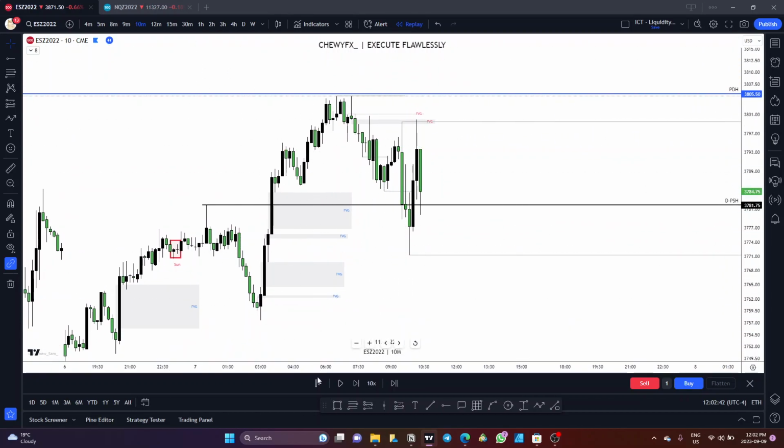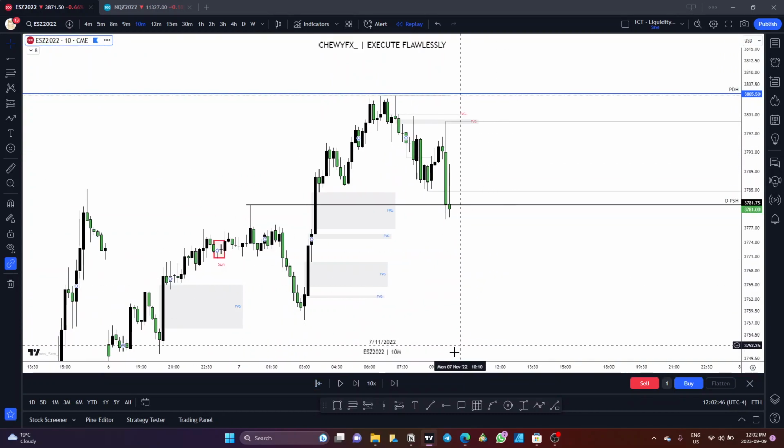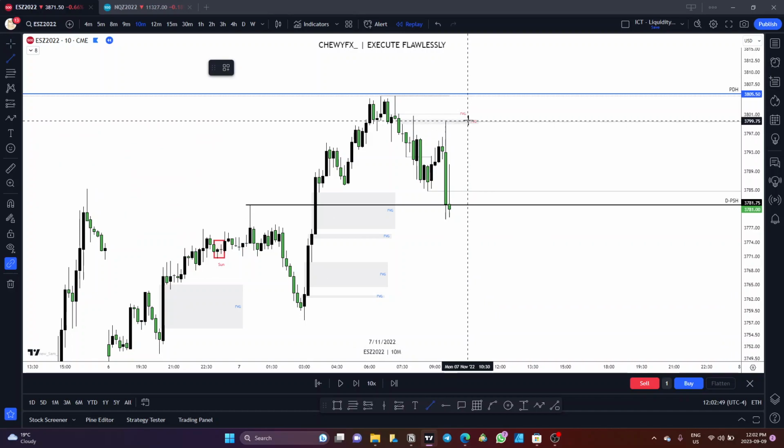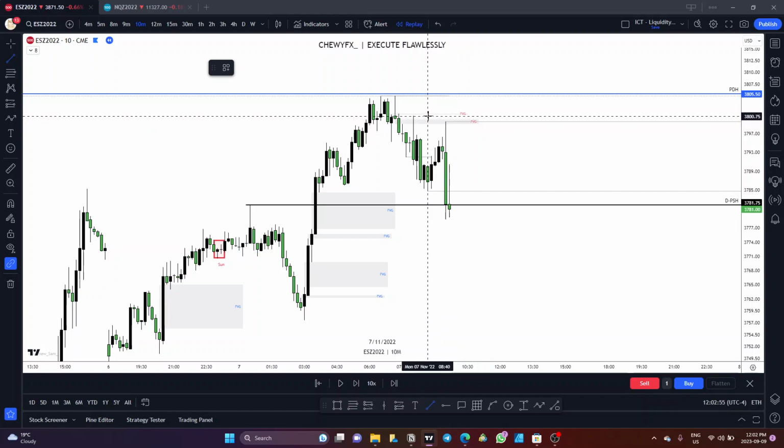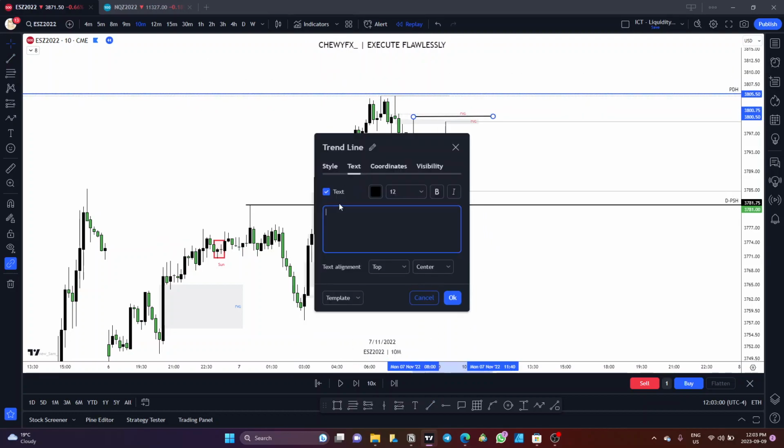Okay, so here we can note that we have tapped into that session discount array. So now we want to see what is the last 10-minute swing high that we need to break in order to be looking for a variant 1, and that is going to be this point here.